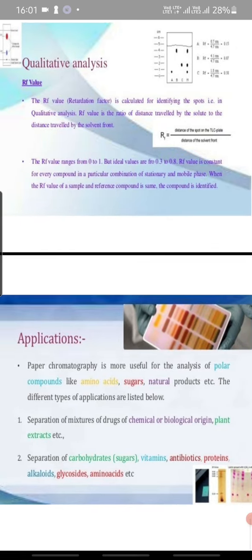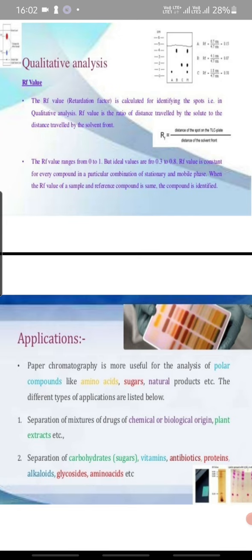Then the last point of this topic is the applications of the TLC. TLC, like paper chromatography, is more useful for the analysis of polar compounds like amino acids, sugars, natural products. The different types of applications are listed below.